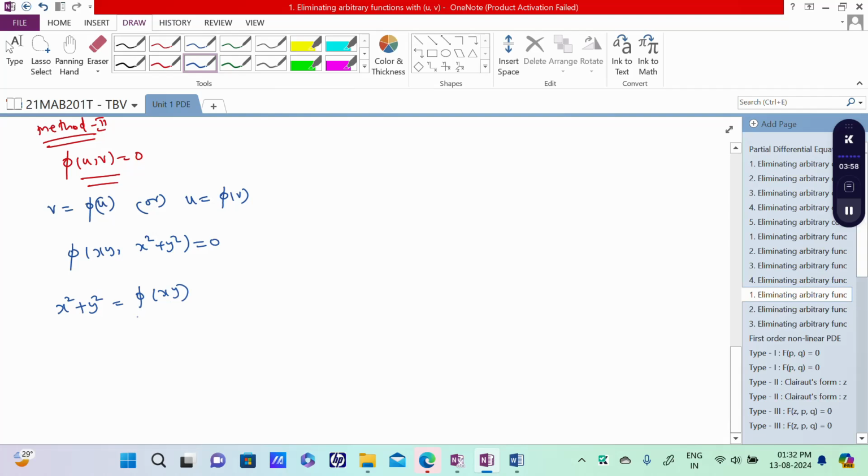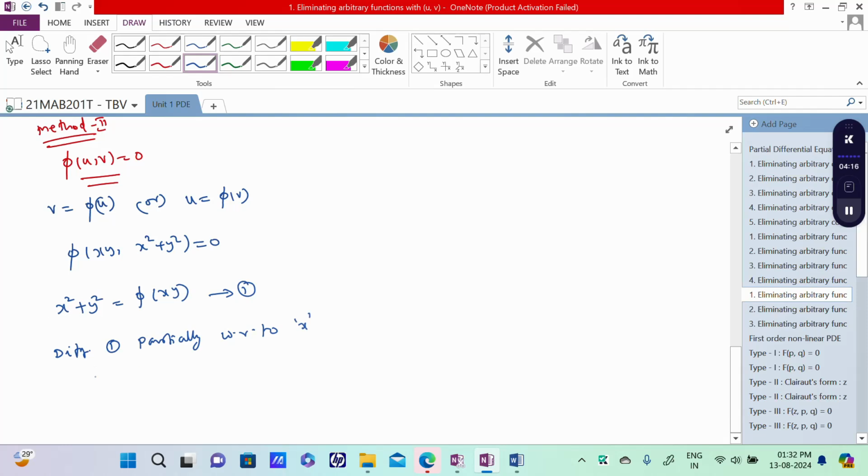Now to solve this problem, as usual, we eliminate the arbitrary function. Therefore, I consider this equation number 1, and differentiate 1 partially with respect to x.